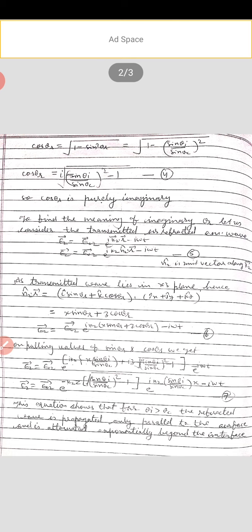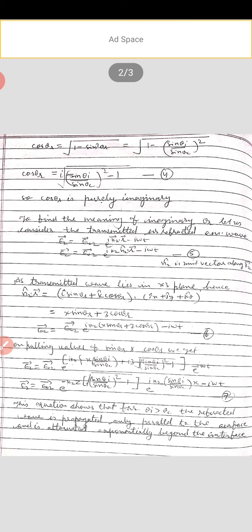For this, the electric field E2 is equal to E naught e power iota k2 dot r minus iota omega t, that is, E naught e power iota k2 n2 cap dot r minus iota omega t, where n2 cap is the unit vector along the k2 vector.